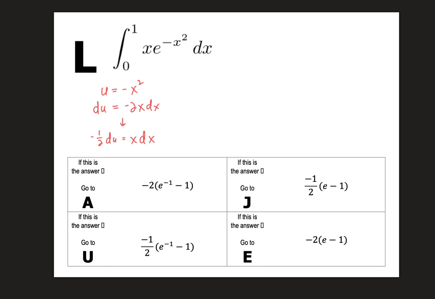So first off, you have negative x squared is U, so this up here becomes U. And then the x dx here is going to become negative 1/2 du. So we've got everything accounted for. Now we'll rewrite this.